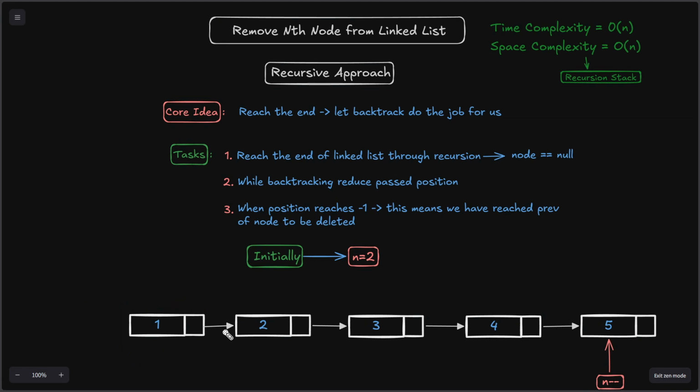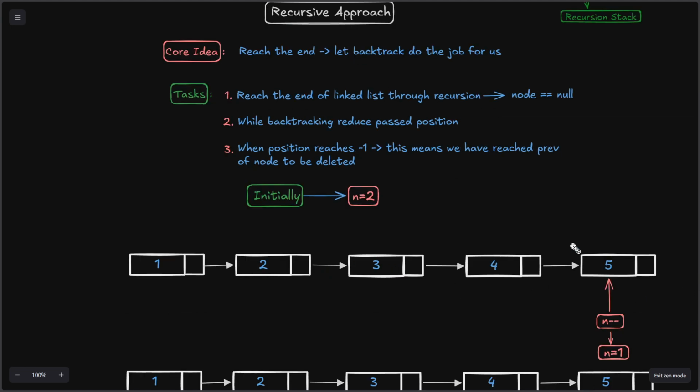Initially you can see some visualization here. Initially n, or position, is equal to 2. After all the recursions I have reached this position, and now from here, while node equals null, we will return to this recursive call, where my position will be pointing to 5.